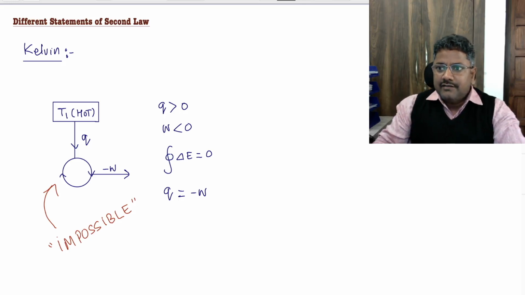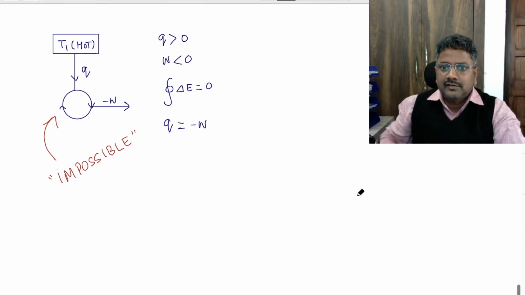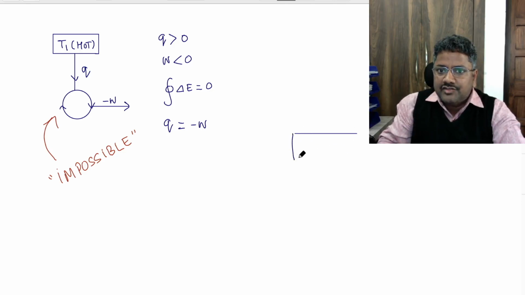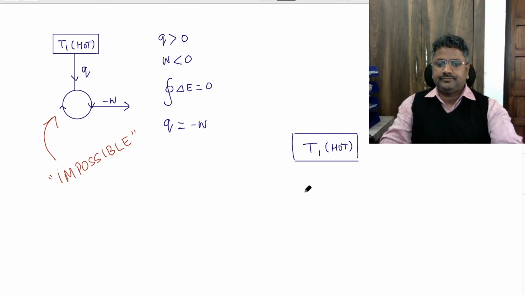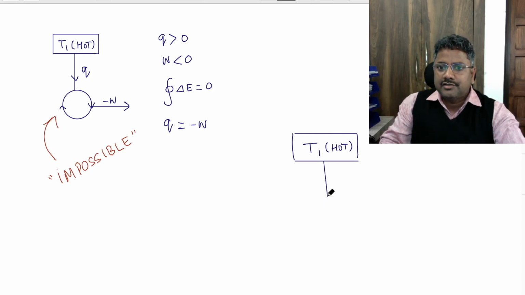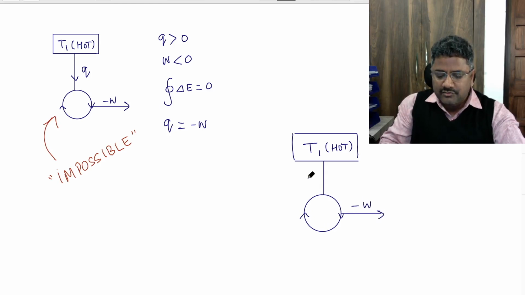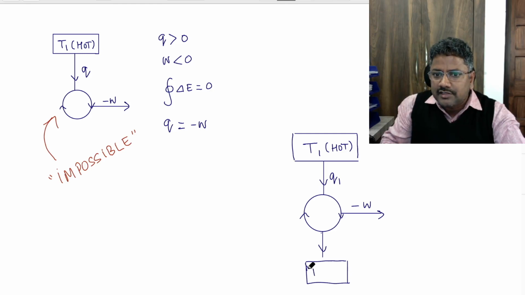What Kelvin suggested is this: if you take a hot reservoir at T1 temperature and take some heat Q1 from it, and in a cyclic manner we are doing work minus W on the surrounding, then there must be some heat transfer to another system at T2 temperature.